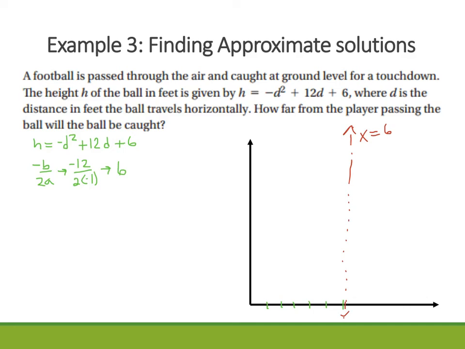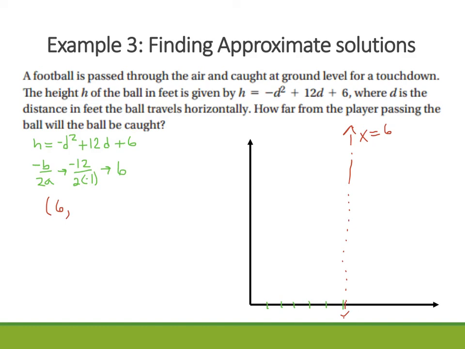So let's figure out where that vertex is. So you could plug this into your table function in your calculator if you want to, or you can just plug it into the function here. So the vertex, if I plug in a 6, I would get negative 6 squared, so that's negative 36, plus 12 times 6, well that's 72, which is positive 36.